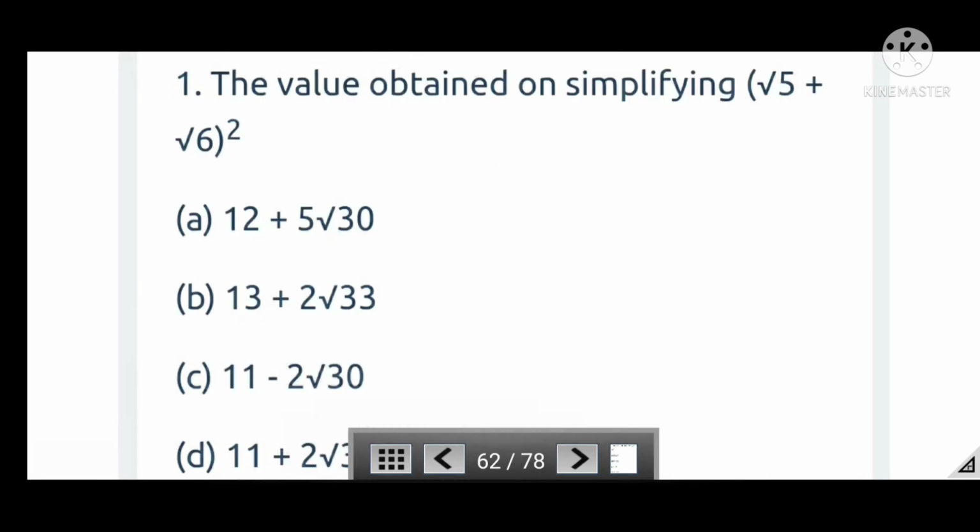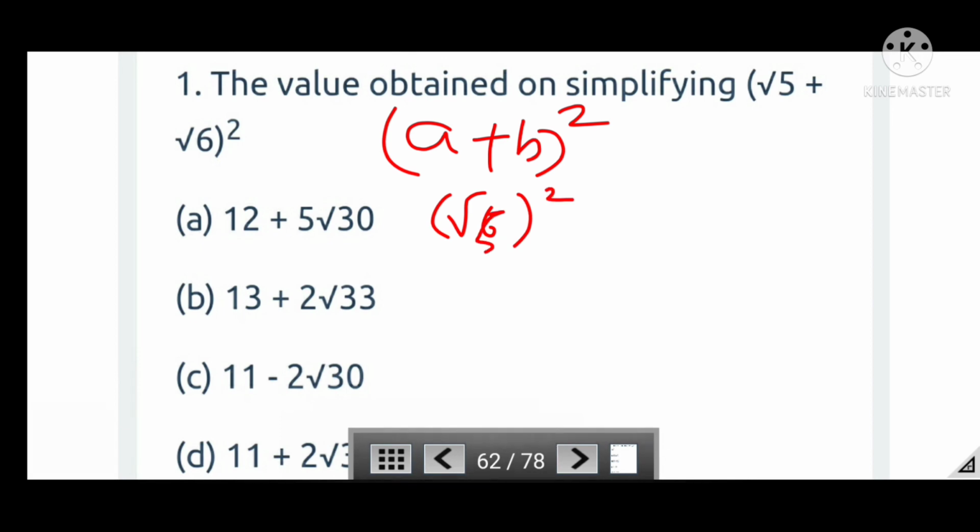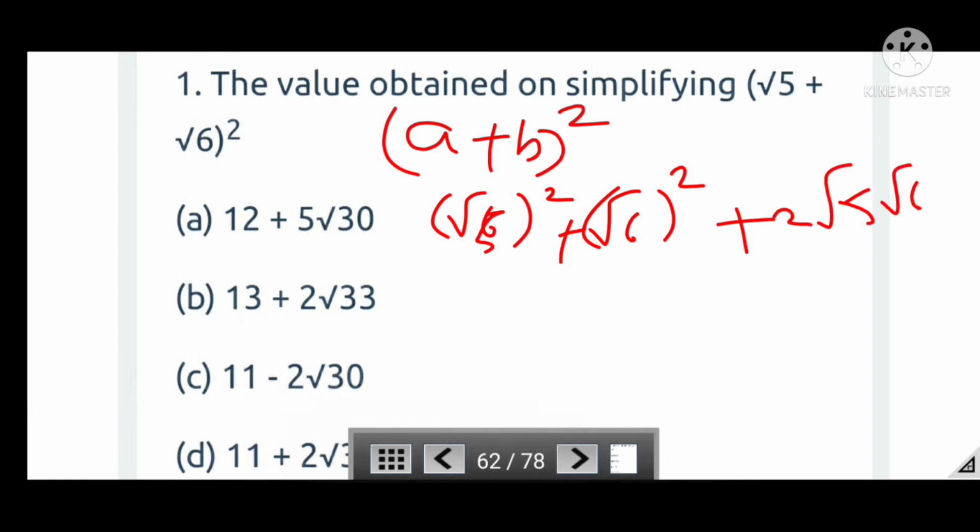Next question, the value obtained on simplifying under root 5 plus under root 6 whole square. Now by using the formula a plus b whole square, under root 5 square plus under root 6 square plus 2 under root 5 under root 6.